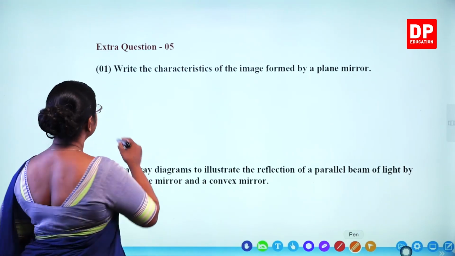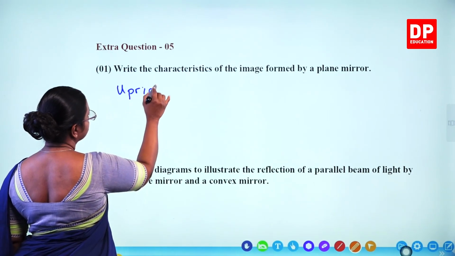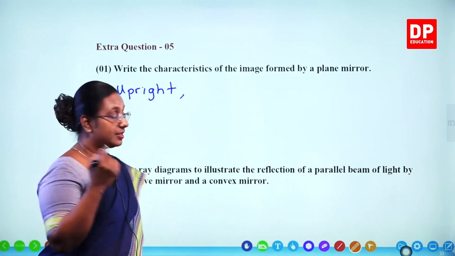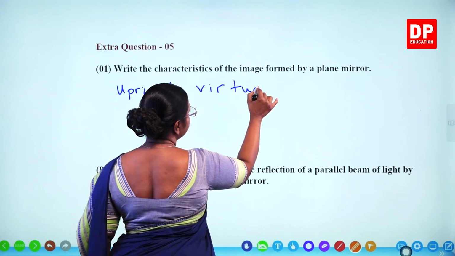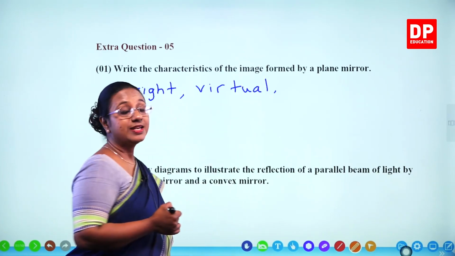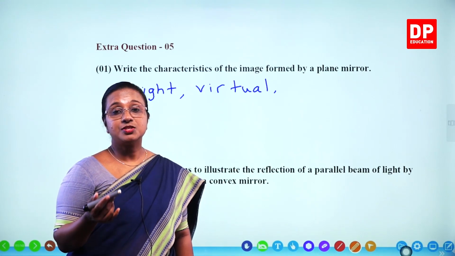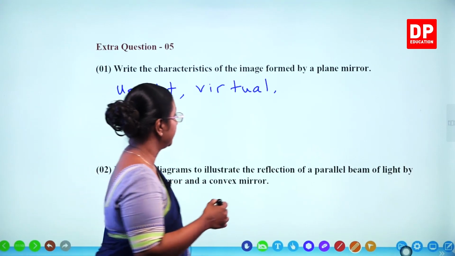It's upright. Is it real or virtual? It's virtual. Now you're very familiar with all these properties. What is the next one? Same distance. Distance of object equals the distance of the image from the mirror.